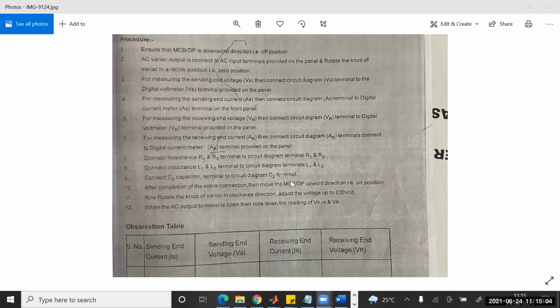Okay, after connection, MCB is there, MCB put on, and make the rated voltage, that is your 220. As we have studied, to calculate your A and C parameters, you have to do open circuit. So the output terminal would be opened, only the input terminal would be present at that particular line.